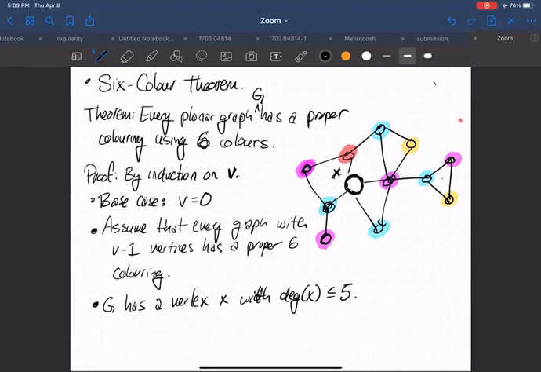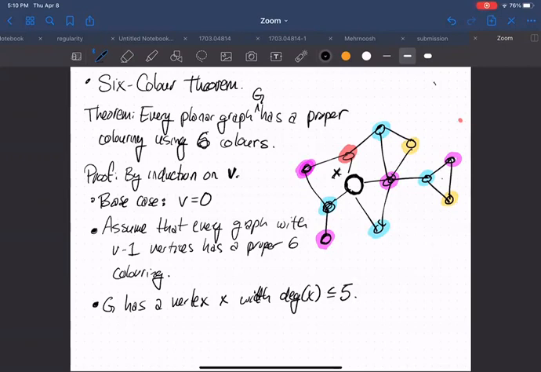Well, what color are we going to give X? We have to give X a color that is different from the colors of all its neighbors. But X has at most 5 neighbors. So even if every neighbor of X is using a different color, they're only using 5 different colors. And we have 6 colors to work with.